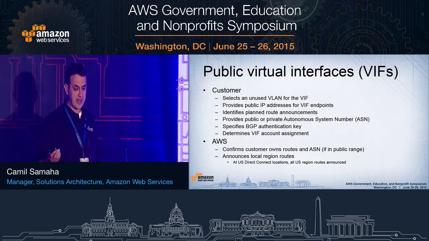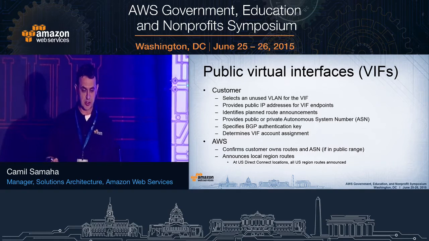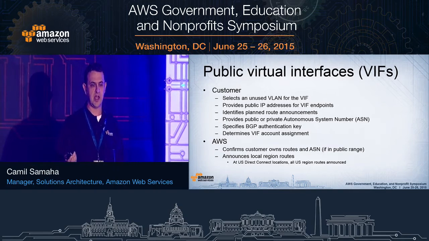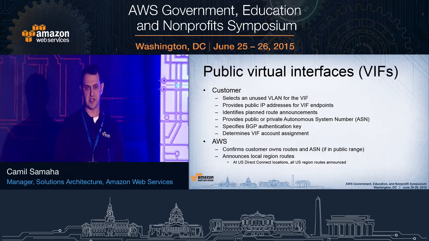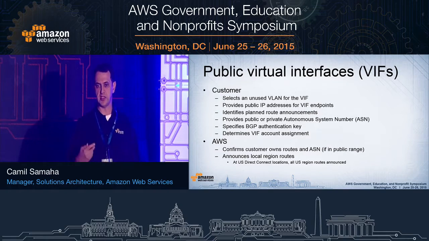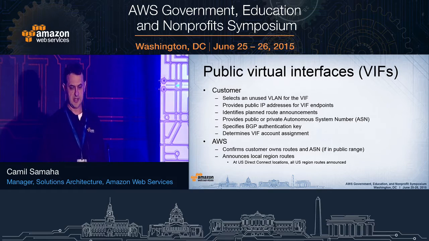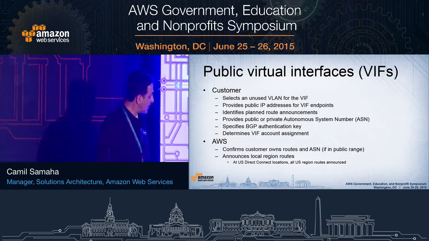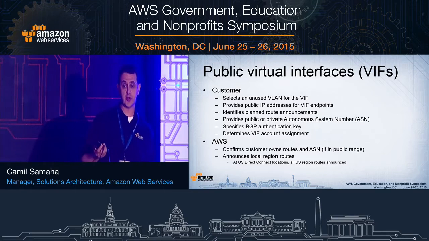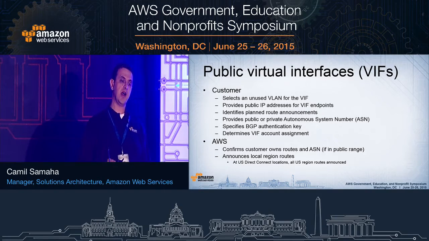Now, to configure a public virtual interface, you need to have an autonomous system number, that's in BGP speak, and you also need to specify a BGP authentication key to establish a BGP peering session. It's hard to see the screen, so I'm talking backwards here. I apologize. From the AWS perspective, we need to ensure that the CIDR block that you are advertising to us is actually owned by you.